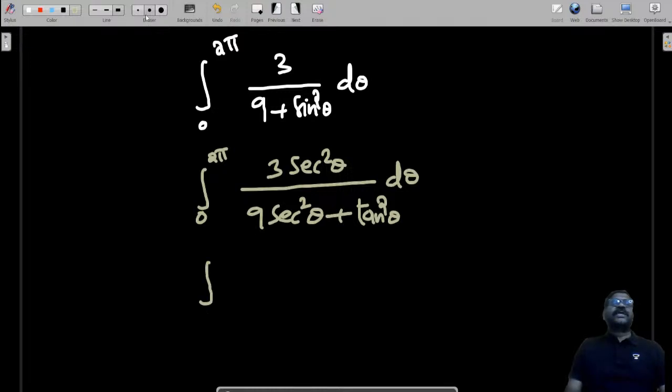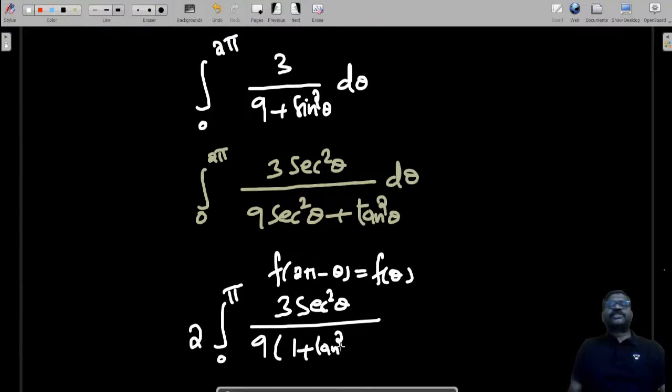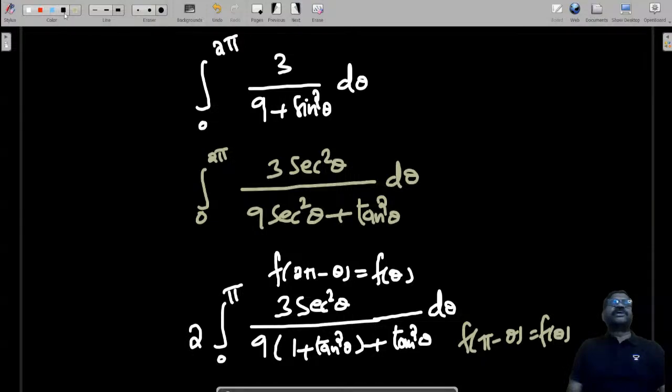Okay na? See, f of 2 pi minus theta is f of theta. Therefore you can write 2 into integral 0 to pi, 3 secant square theta by 9 times secant square theta, which is 1 plus tan square theta, plus tan square theta d theta. f of pi minus theta is f of theta.